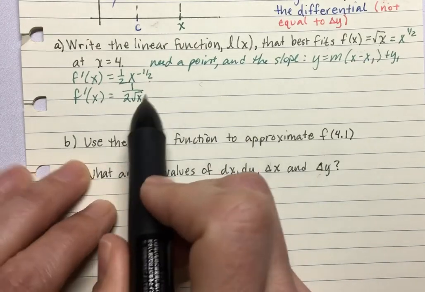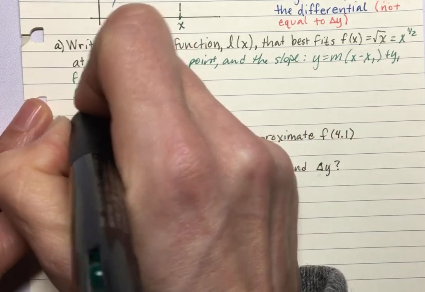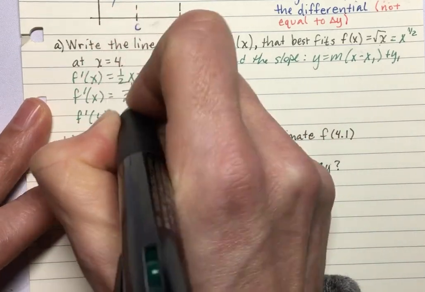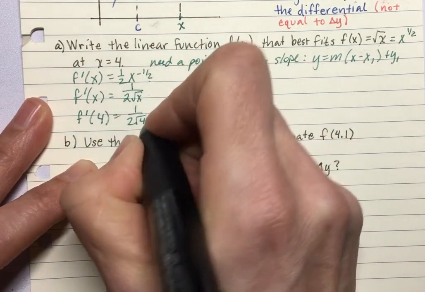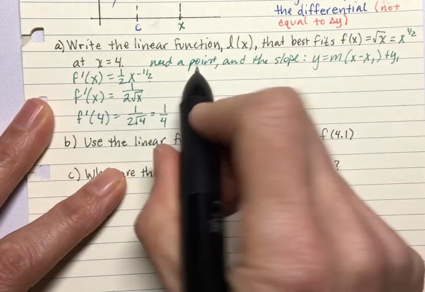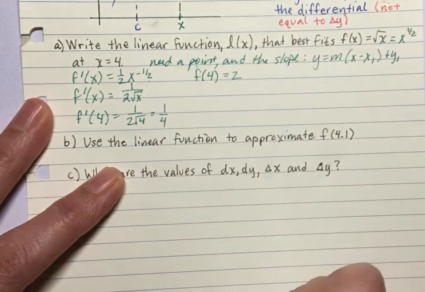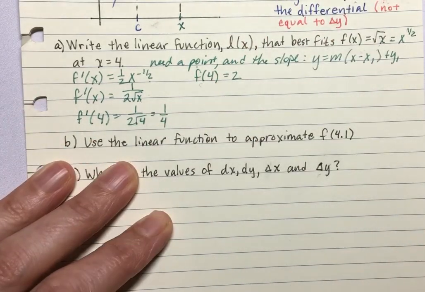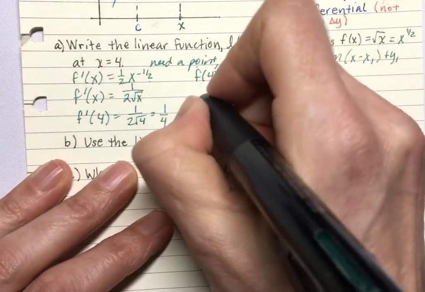So we can use this to get our point and our slope. f prime of 4 will be 1 over 2 root 4, which is a fourth. Then we need a point also, so that would be f of 4, and f of 4 is, of course, 2. Now we can write the equation of our tangent line, that linear function L of x.